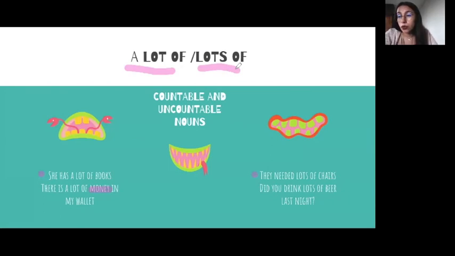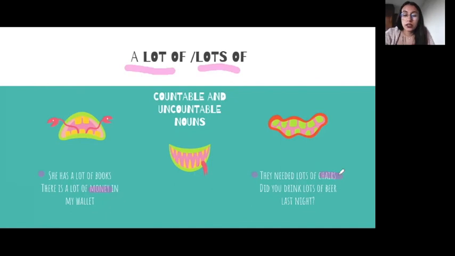Lots of es un poco más informal. We can use lots of in speaking, in dialogues, but it's the same thing. They needed lots of chairs. Ellos necesitaban muchas sillas. I have a countable noun, which is chairs.